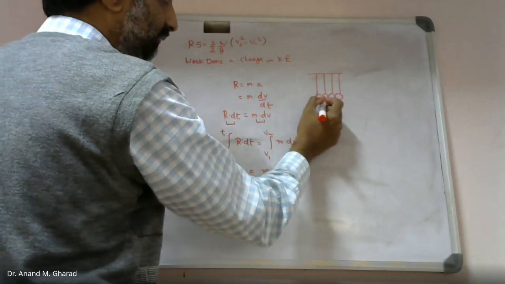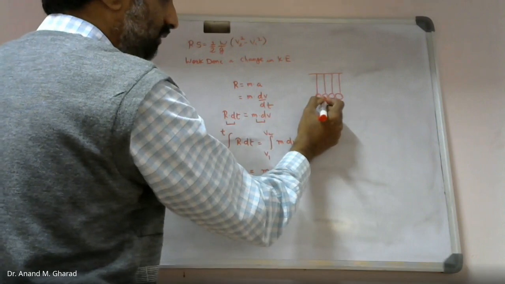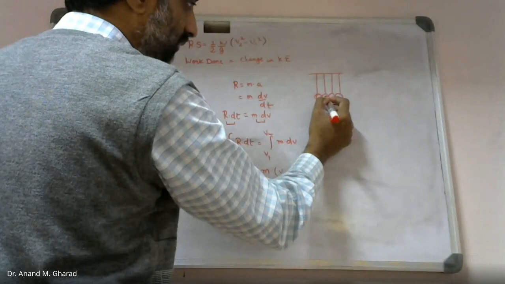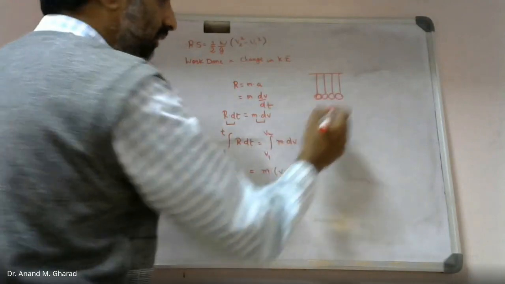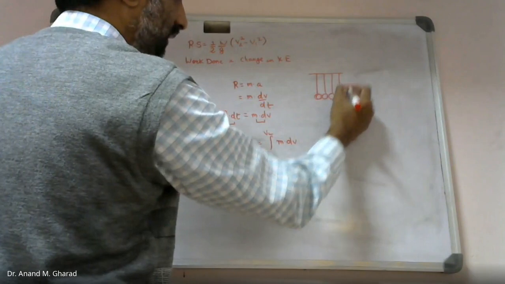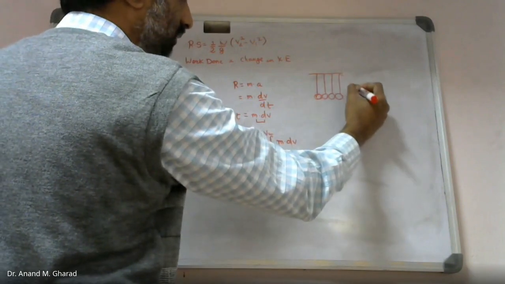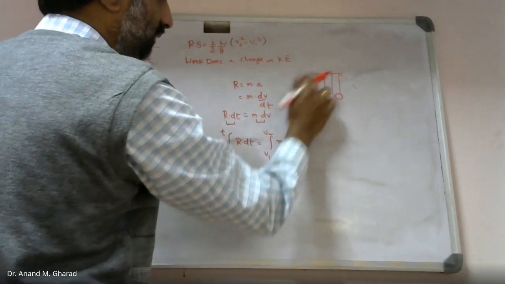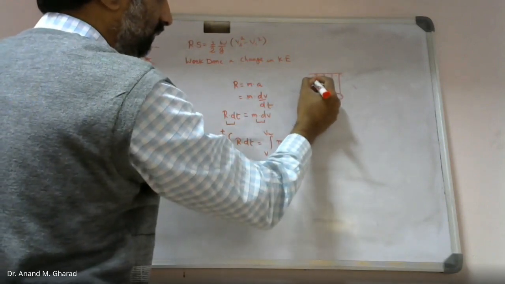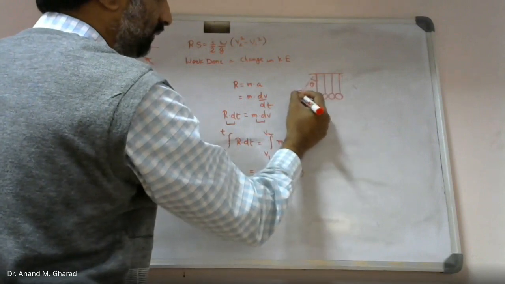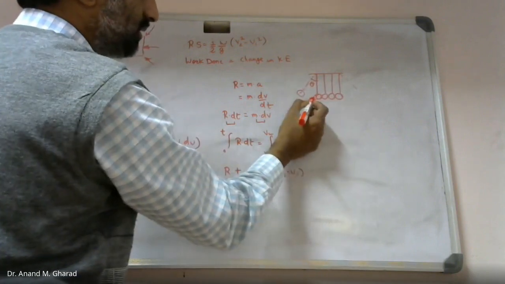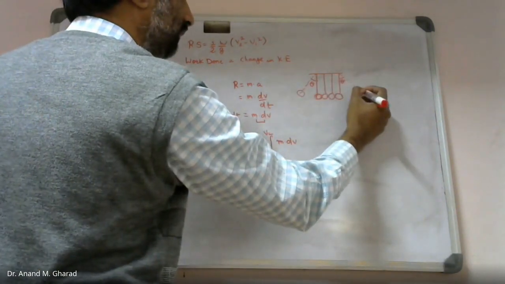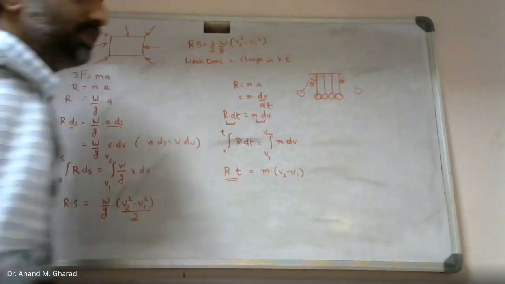This will collide, and it will be interesting to know that this ball will get displaced by the same angle, theta, by which the first ball was displaced, right? The final position will be like this, right?